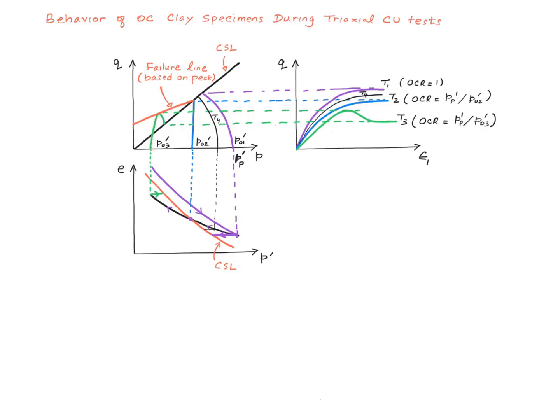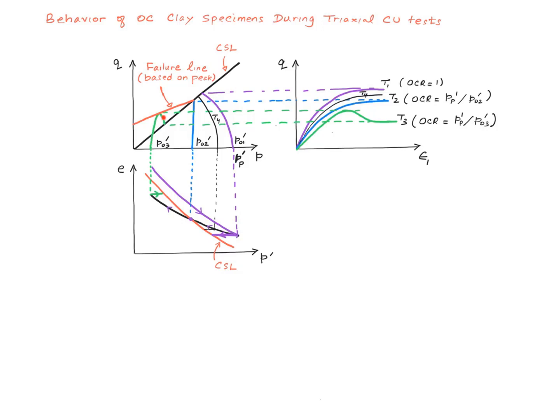Number two, it goes through a peak and then falls back to the critical state line that we established earlier. Number three, which is very important, this part of the curve is above the critical state line. The peak point actually lies above the critical state line we established for normally consolidated clays.